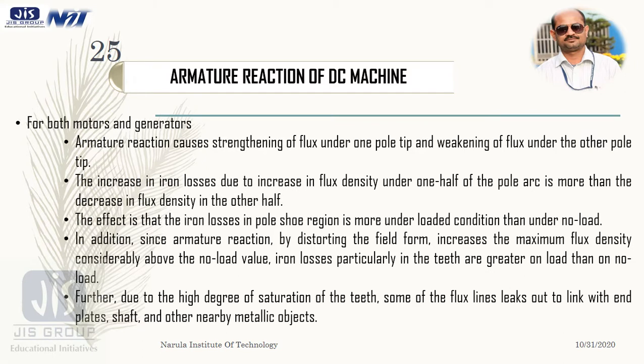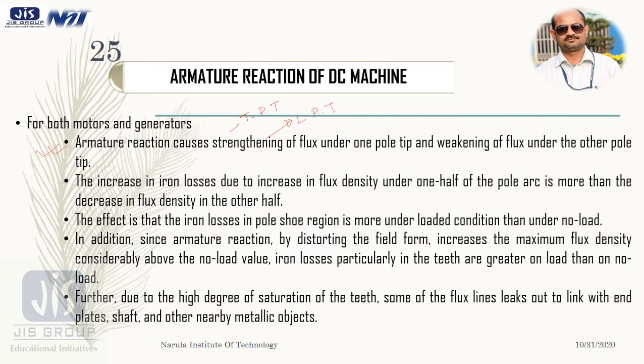Now for both motors and generators, what is happening? Armature reaction causes strengthening of flux at one pole tip and weakening of flux under the other pole tip. For a generator, strengthening occurs in the trailing pole tip, but for a motor it occurs in the leading pole tip.